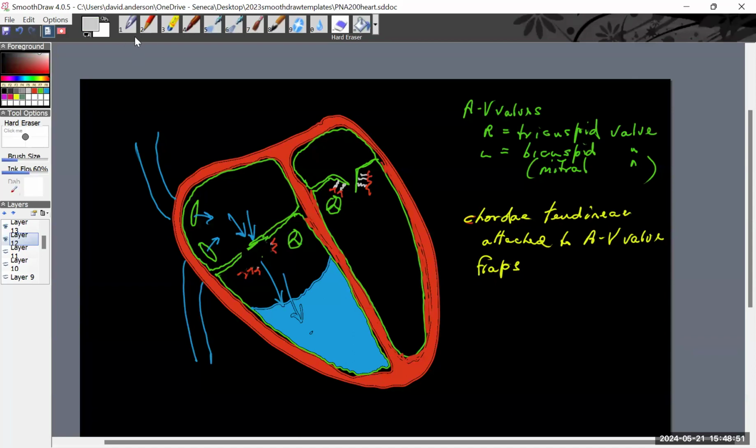And when they get stretched tight, that's going to prevent the flaps from over closing, from flopping inward. Does that make sense? Yeah. So they're attached to the AV flaps and the ventricular wall.